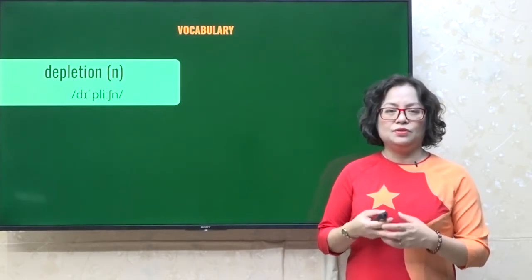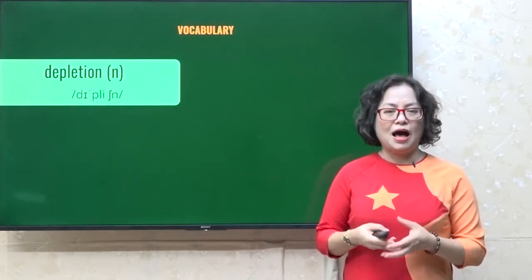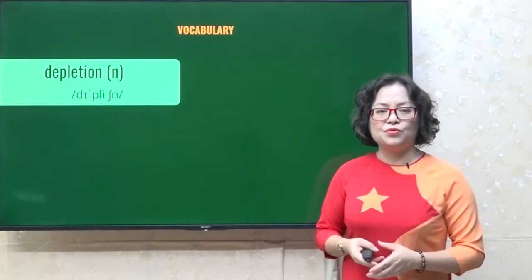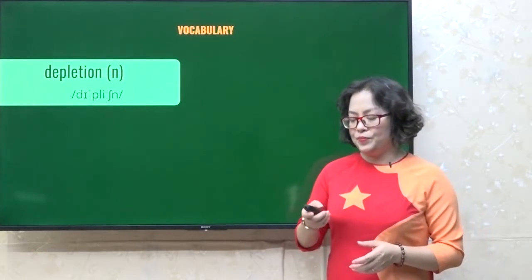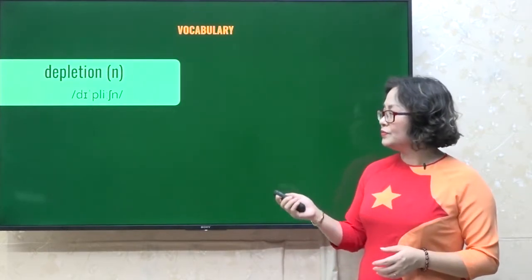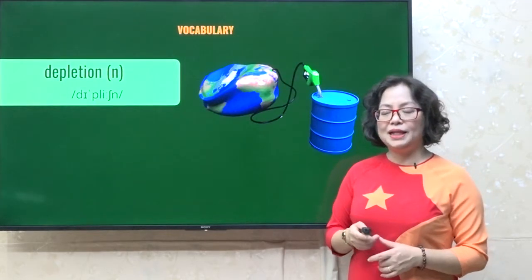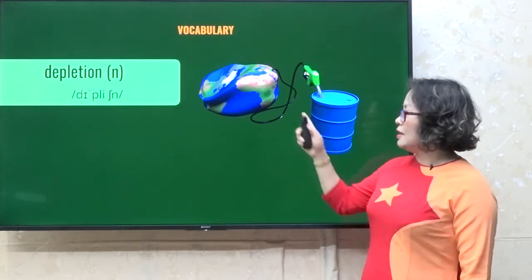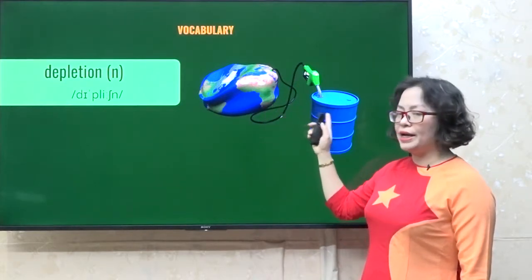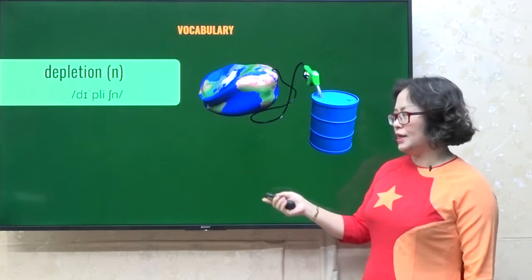Before getting more detail about our lesson, I'd like to provide you some vocabulary first. We have depletion. As you can see in the picture, our earth is running out of energy.